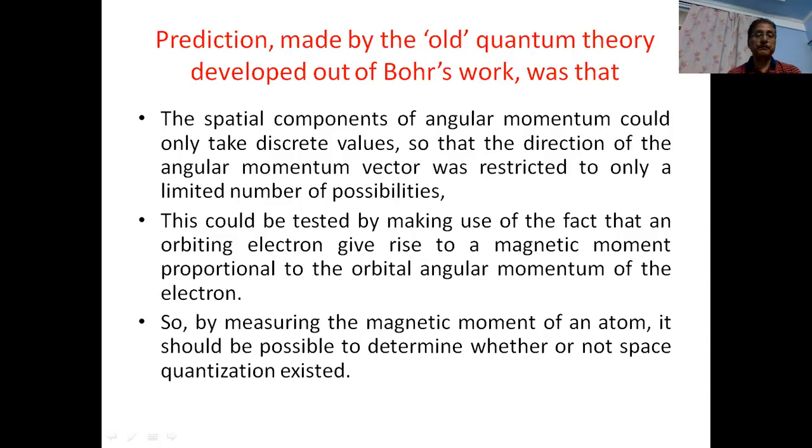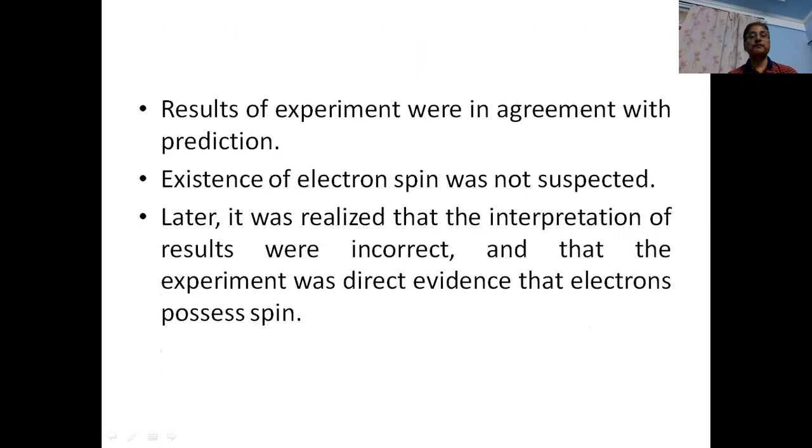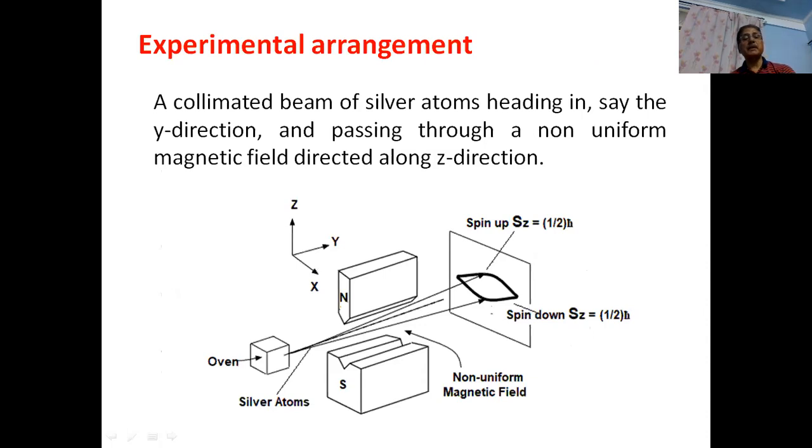So by measuring the magnetic moment of an atom, it should be possible to determine whether or not space quantization existed. The results of this experiment were in agreement with the prediction. However, the existence of electron spin was not suspected at all. Later it was realized that the interpretation of the results was incorrect and that the experiment was direct evidence that electrons possessed spin.